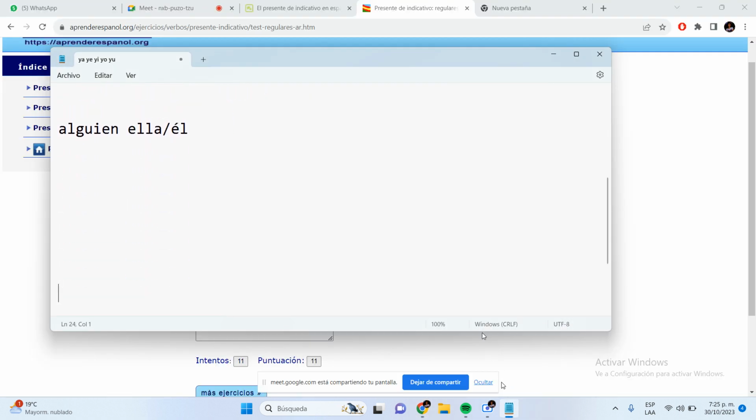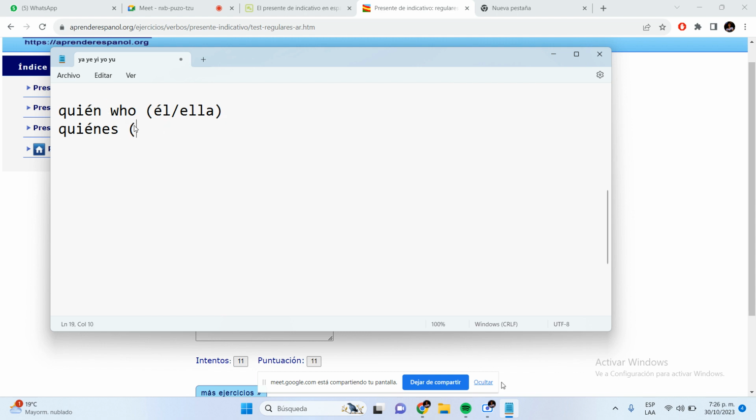We know quién means who, right? But in Spanish we have the possibility to ask who in plural, so it would be quiénes. If I say quién, I'm asking for él, ella, like I'm doing the conjugation for that.